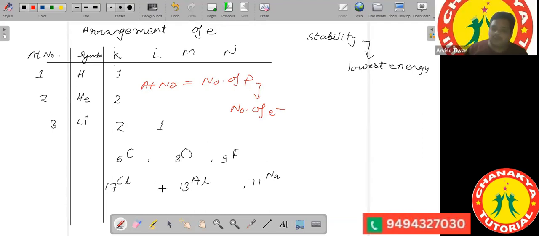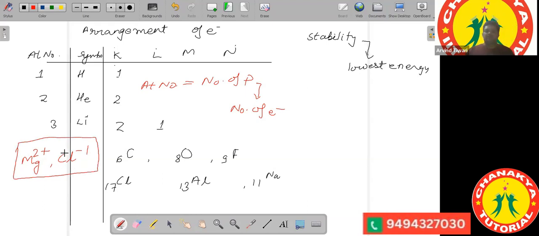Once you are able to write all this, then you have to write the electronic configuration of Mg2+ and Cl minus 1.